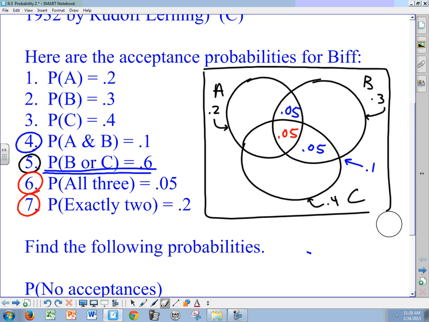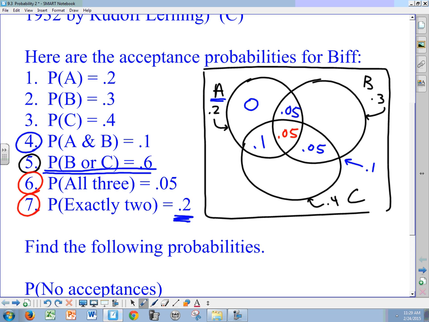That's a tricky one. Anyway, it gives us a clue because now we can go around the horn and get all the rest of the answers. For example, we can now find this one. Exactly 2 is going to be 0.2, so I add my 0.05s and this 0.1 over here. That gives me my 3 little cells to make 0.2. Notice that in section A, the circle has already been filled, so this is going to be 0.